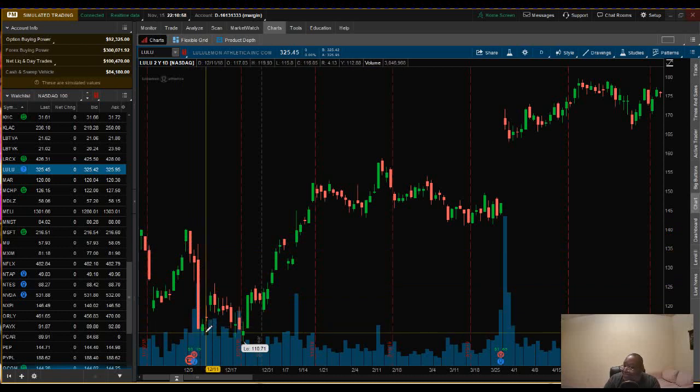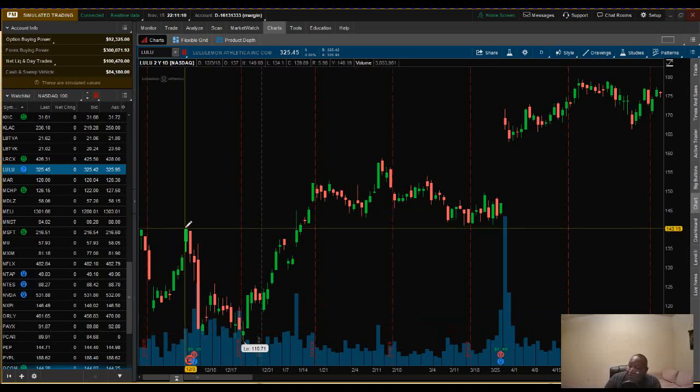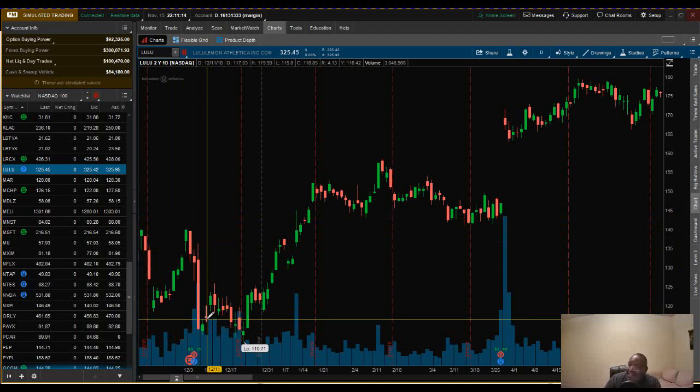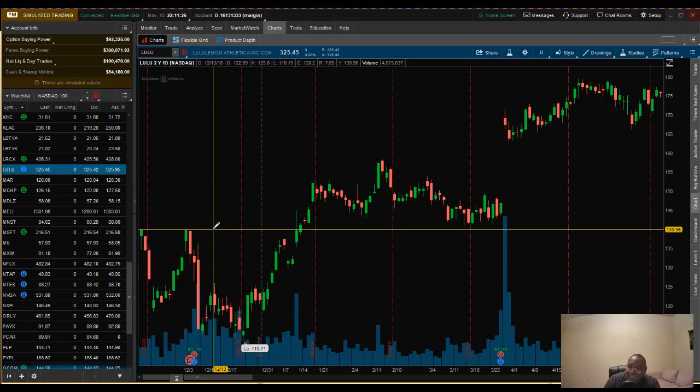End up buying perfectly right here, or even right here. Either one of these two, right? I actually close it by buying. So you open the position by selling first, let it go down, and then you buy it here. It's a reverse play. It's pretty much as if the stock was doing the complete opposite, and you could still make money. This strategy is called shorting a stock, right?